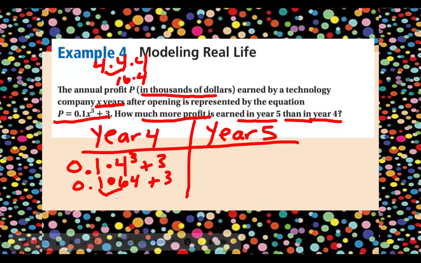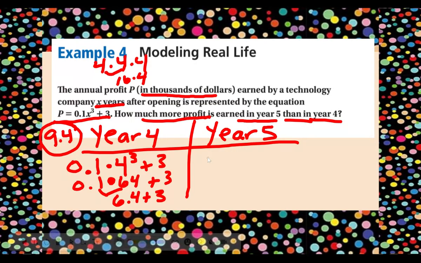So now I need to do multiplying. 1/10 times 64, just move your decimal once to the left. So that's 6.4 plus 3. 6.4 plus 3 would be 9.4. So year 4 is 9.4.